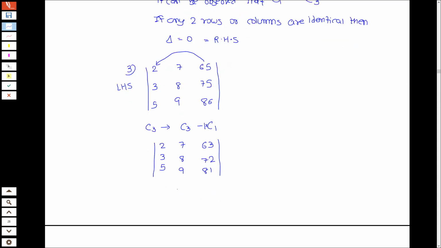After this, what I will do? 2, 3, 5 is there. 7, 8, 9 is also there. But 63. 9 into what will give you 63? 7. Then 9 into 8. And 9 nines are 81.